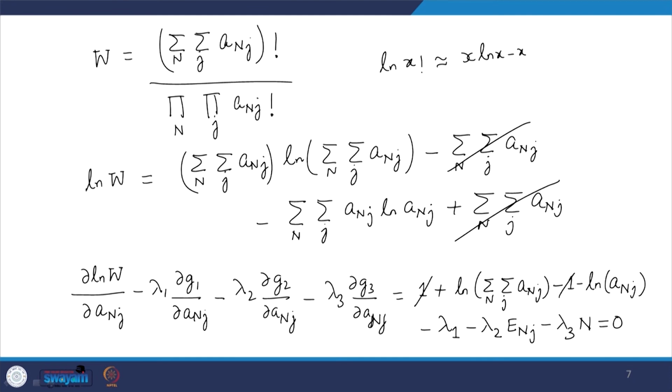So, if I do simplifications here, what I essentially will get is a_{N,j} is an exponential of minus lambda 1 minus lambda 2 E_{N,j} minus lambda 3 N.